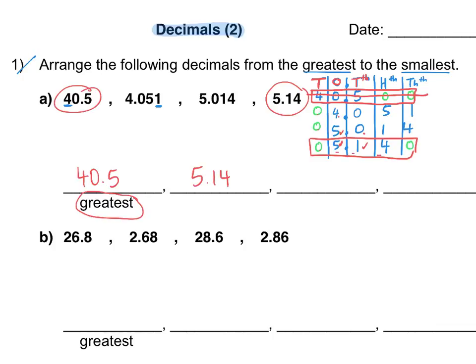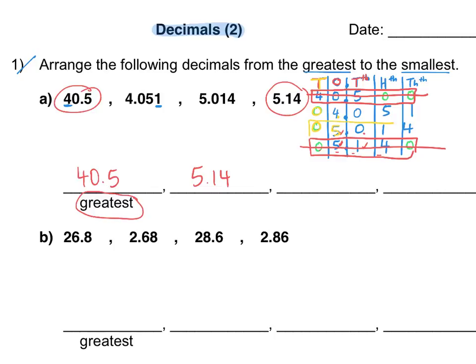So after writing, remember to cancel. Now let's go on to find the next greatest decimal by starting to compare from the greatest place value, the tens place. 0 and 0, can we compare? No, we cannot. So we go on to compare 4 and 5, which is greater. 5 is greater.